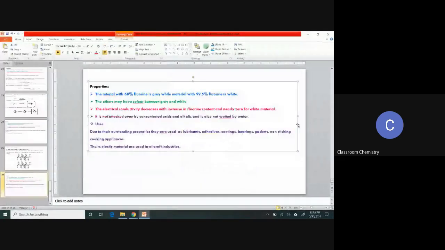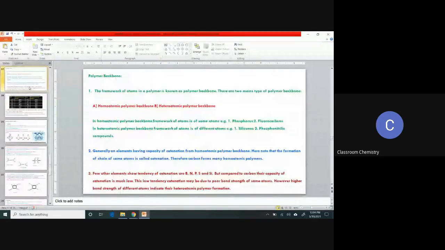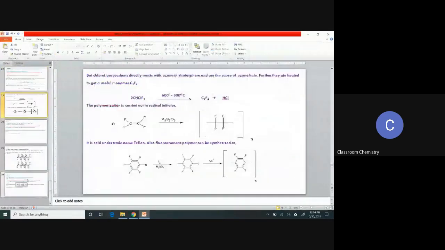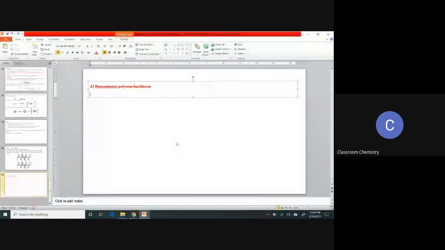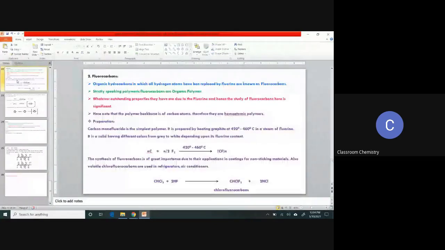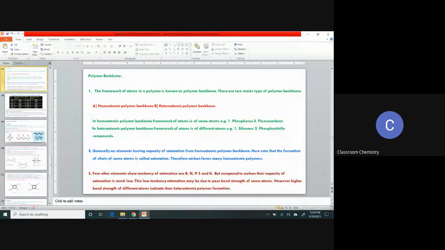We have studied homoatomic polymers, where the polymer backbone is made of the same atoms. In a heteroatomic polymer, the backbone framework consists of different atoms.